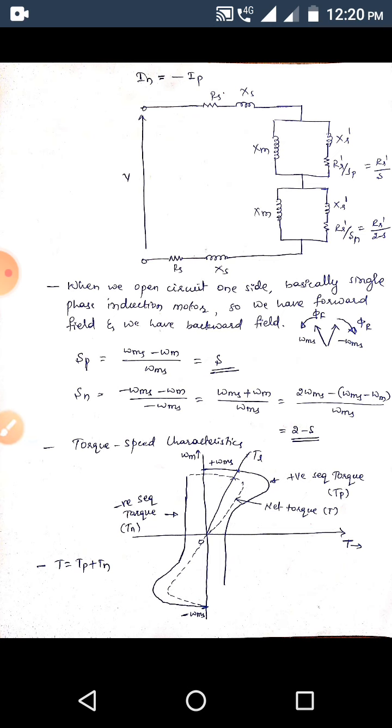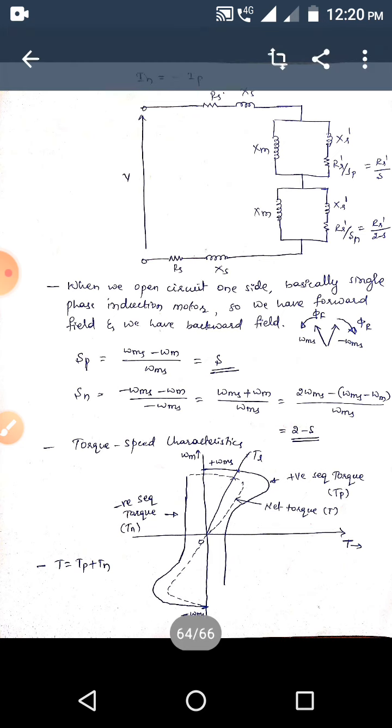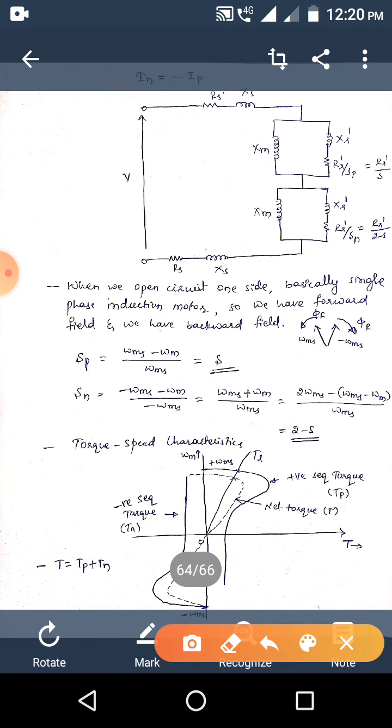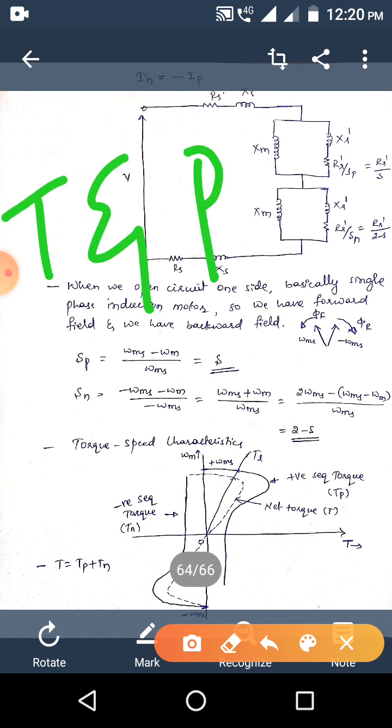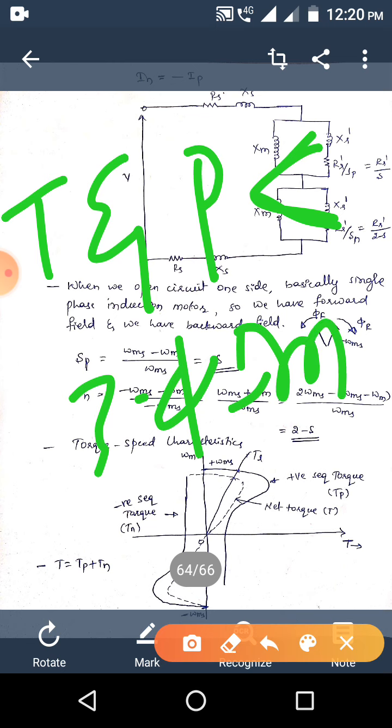By this, what we get is that the torque and power are less for a single phased motor as compared to the normal three phase motor. So by the end of these speed torque characteristics, we conclude that the torque as well as the power is less as compared to the three phase induction motor.